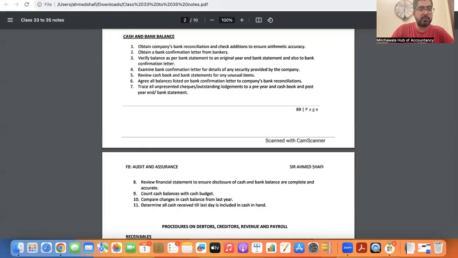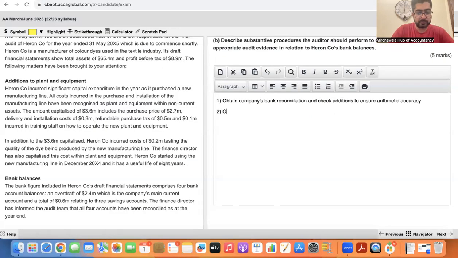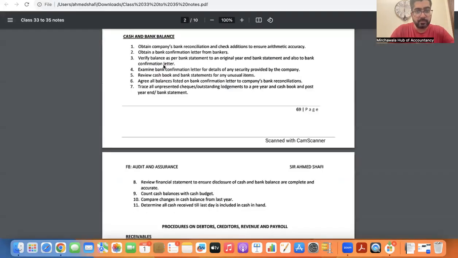Obtain bank confirmation letter from bankers. Verify balance as per bank statement to original year-end bank statement and also bank confirmation letter.